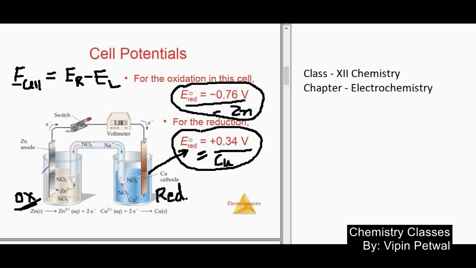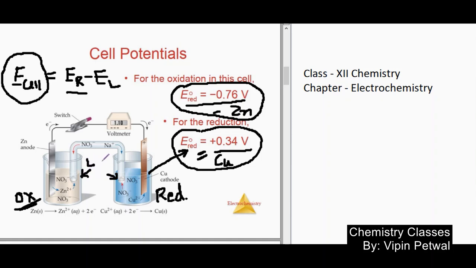You can see here, because this is the cell potential, we have represented it with E cell. Okay. Now look at the E R. E R means the half cell which is on the right side, and on the right side we have this half cell, and this one is on the left side.